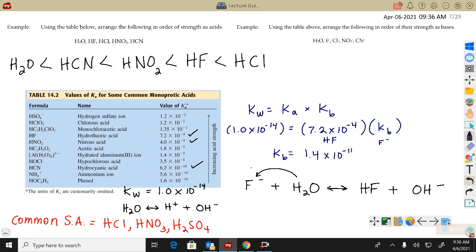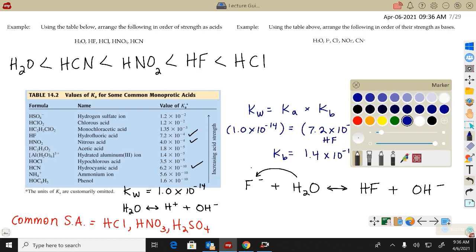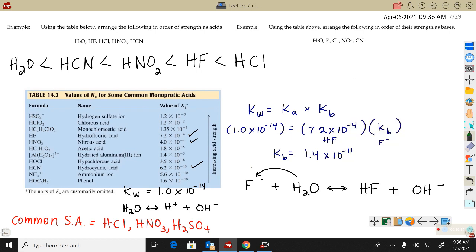You could do that. It's fine if you have a calculator, but if you don't have a calculator, then we're just going to estimate. And that's totally fine, because they'll never give me anything that I can't get right on a multiple choice question by just estimating. So let's look at some of these Kb values.